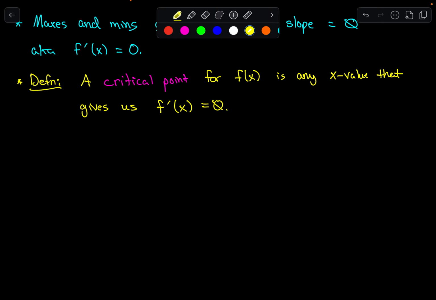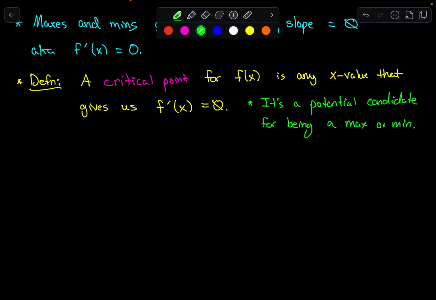A critical point is a potential candidate for being a max or min.